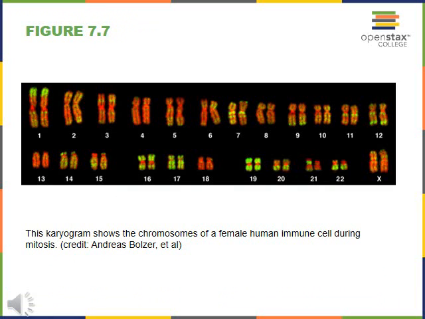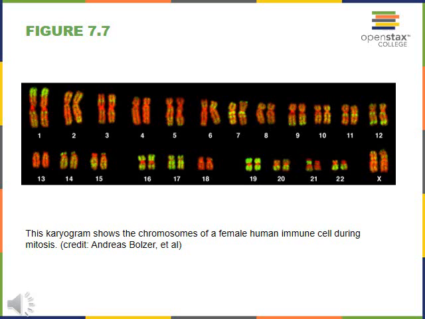This is another karyogram or karyotype that we've talked about before. It's figure 7.7 in your book. Again, this is just a typical tool. It allows a quick glance by a geneticist to quickly go, oh, look, everything here looks uniform.